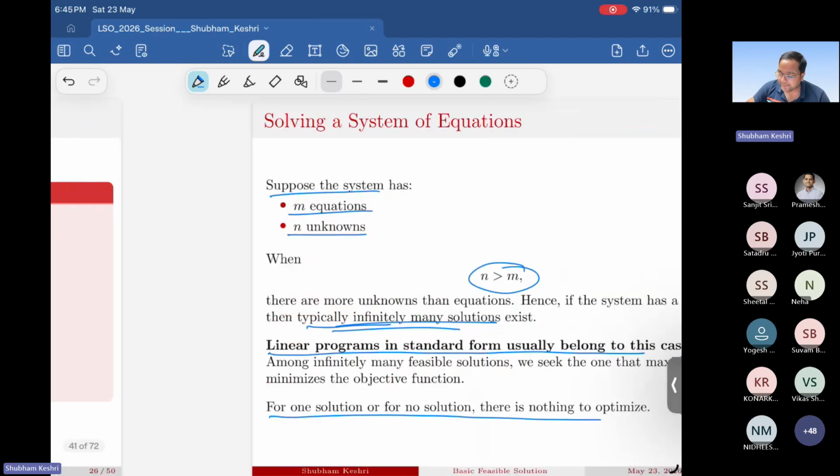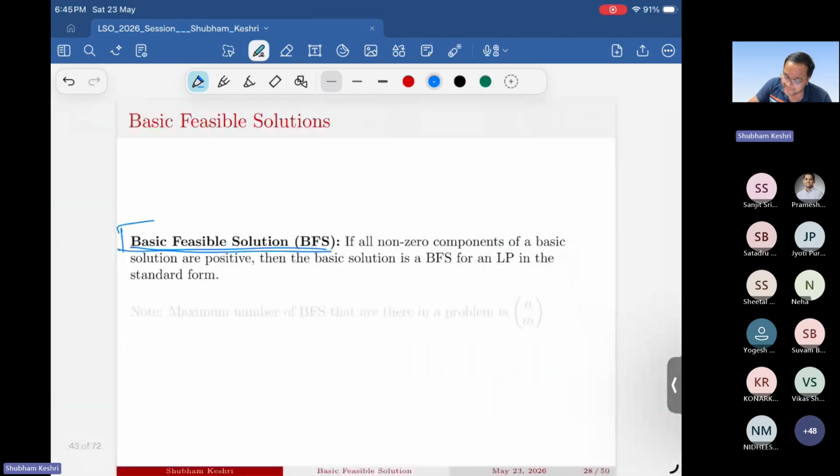So we have defined a new term which is known as basic feasible solution. It just says those basic solutions which are feasible, or where the basic variables take positive values, are known as basic feasible solutions. It is abbreviated as BFS.